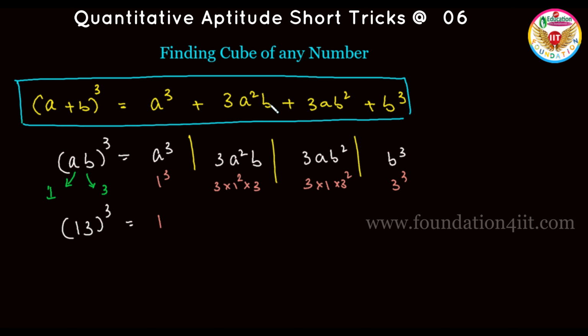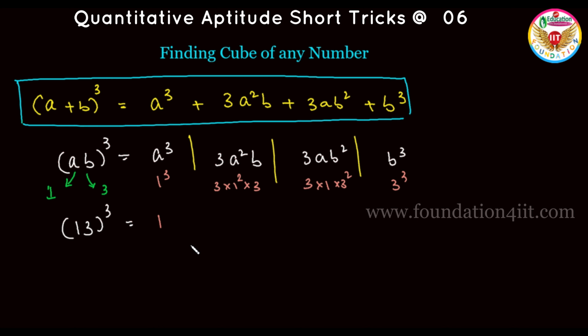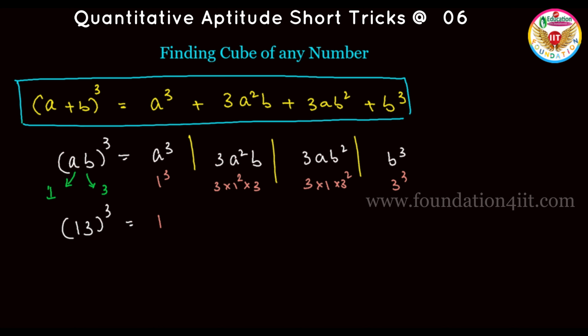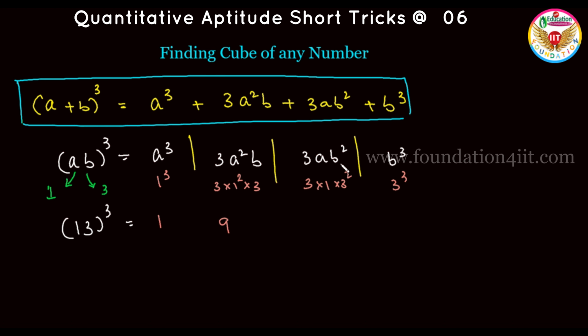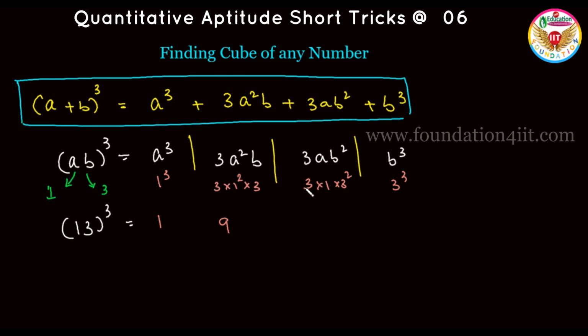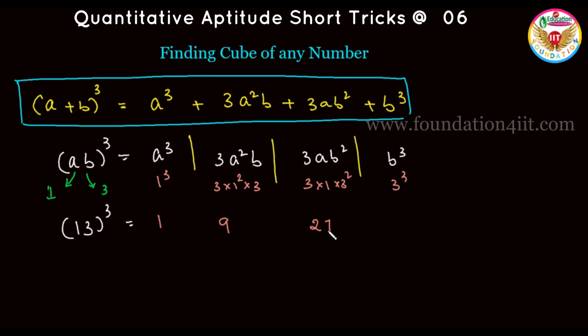Once you know the formula perfectly, just by observing you can write the steps. So 1 cube is 1. Next, 3 into 1 square into 3 is 9. For 3ab square, the square is only for the b: 3 square is 9, 9 times 3 is 27, and 3 cube is 27.